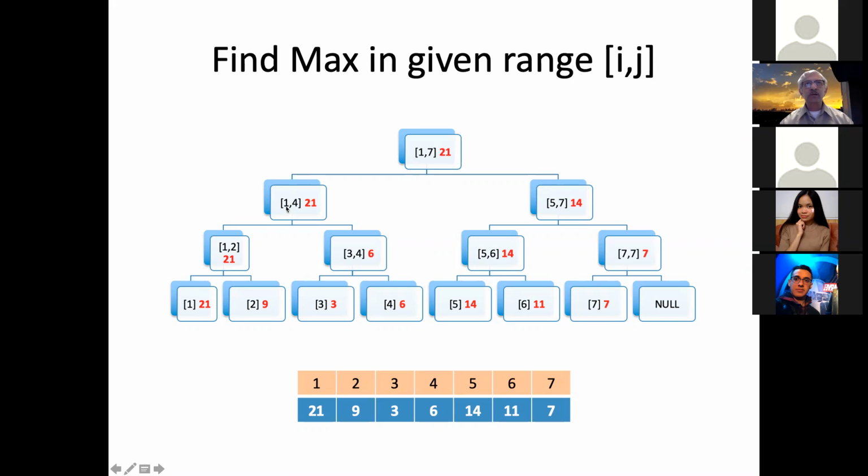Again, you see that it doesn't belong on either left or right. Part of it goes from 2 through 2 on the left side, and then from 3 to 4 on the right side. Is that clear? Yes. So that's how you keep going further and further down, and ultimately you'll have the answer.